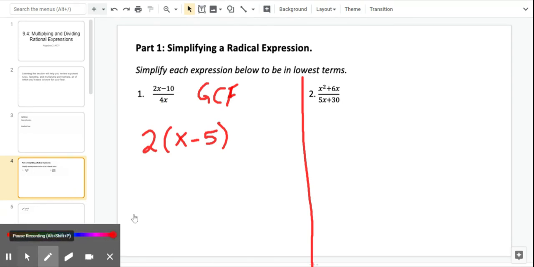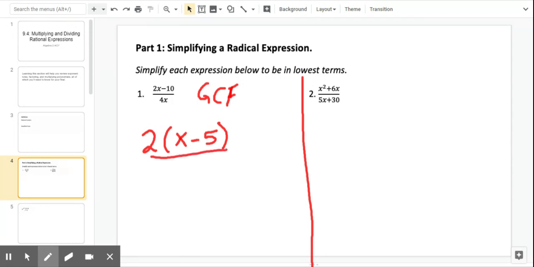Now in the denominator, we only have a 4x. I'm going to just write that because that can't actually be factored, since it's just one term. But we want to try to cancel something out with the numerator. Our options for canceling are 2 and x minus 5. Obviously, we can't get an x minus 5 out of a 4x, but what about a 2?